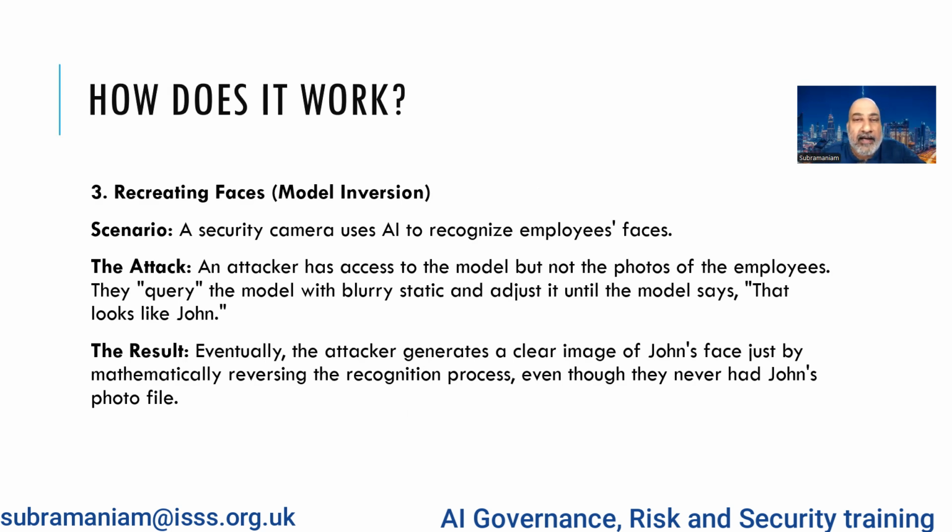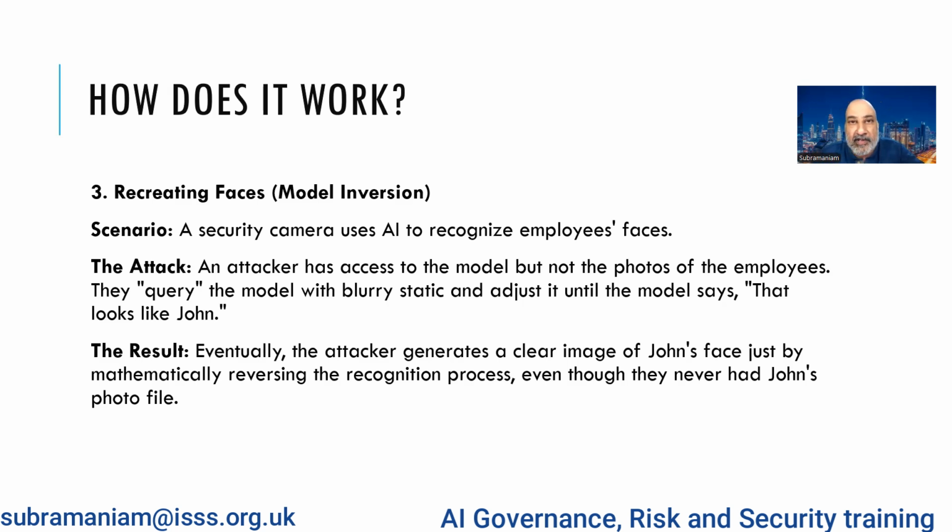Now, model inversion, recreating the faces. Assume there's an AI-based facial recognition application for multi-factor authentication based on physiological biometrics. I have access to the model, but I don't have access to the employees. So I query the model by showing a face.